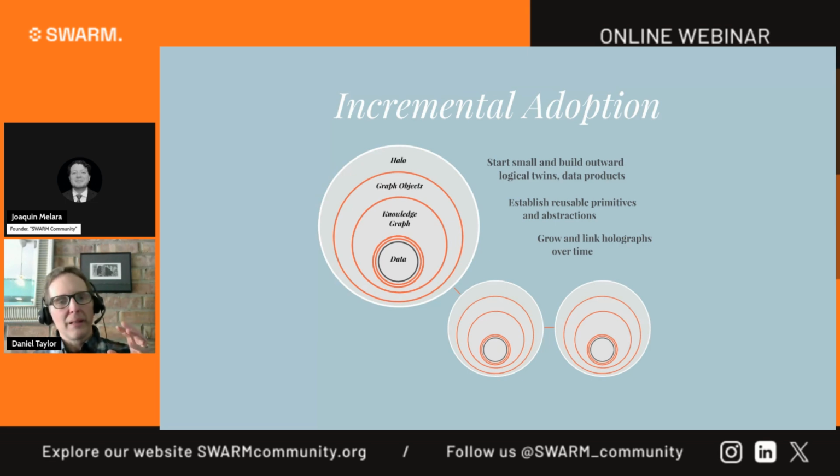And the conventions and the approaches that you establish building even a simple logical twin of a process in one of your domains will expand and extend throughout future projects and throughout the rest of the organization, which results in perhaps a set of holographs within a set of domains that operate as separate things, separate data products, but are also interoperable, can be connected to each other, can be moved from one domain to another even.